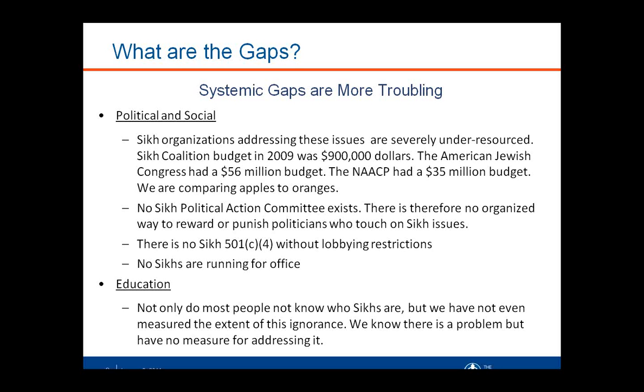And a 501c3 can spend no more than 30% of its time lobbying, lest they lose their tax-exempt status. So in order to maintain our tax-exempt status, we can only spend no more than 30% of our time and funds lobbying. Unfortunately, there's no Sikh organization out there that's a 501c4 that does not have these restrictions on lobbying. And again, that's a huge gap in addressing some of the issues that I've gone over.